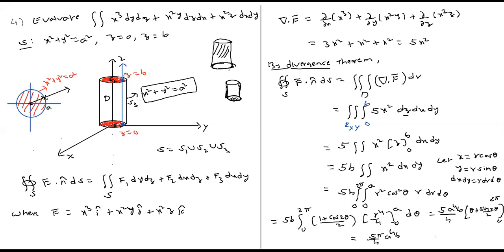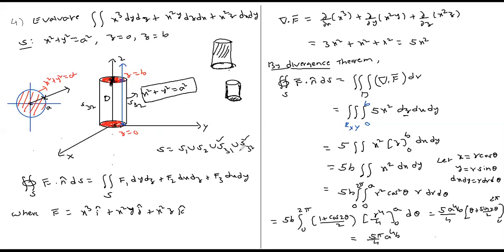You need to partition. Where do you have to partition? You have to partition here. You have to consider the right half as S31 and the left half as S32, and find out the surface integrals on the right half of the circular cylinder and the left half separately, and then add these two.